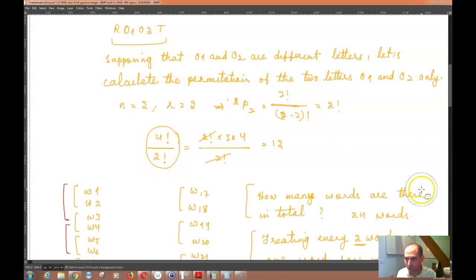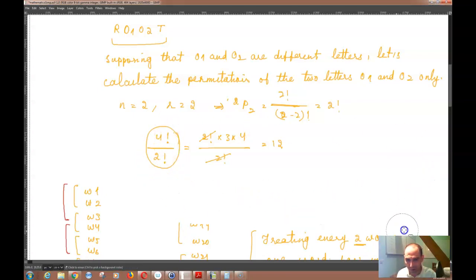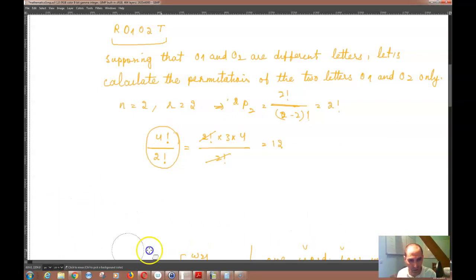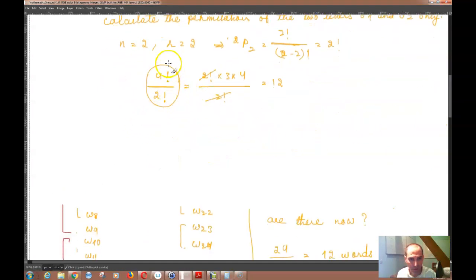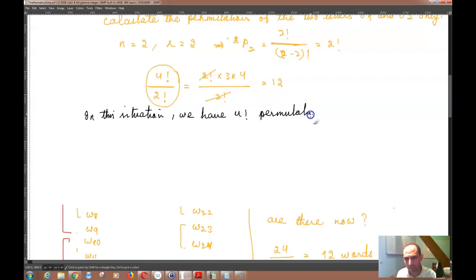So now, let me write this down. In this situation we have 4 factorial permutations in total.